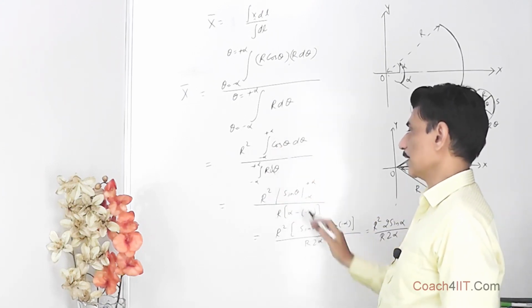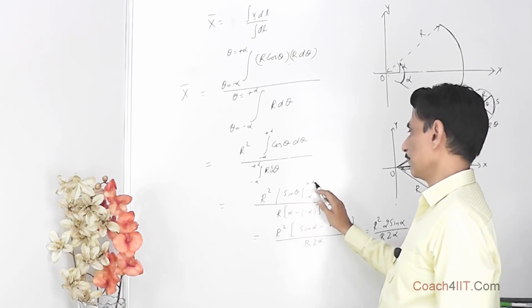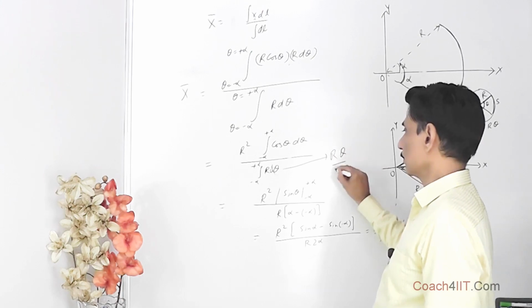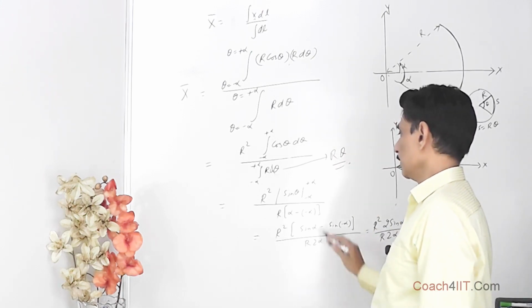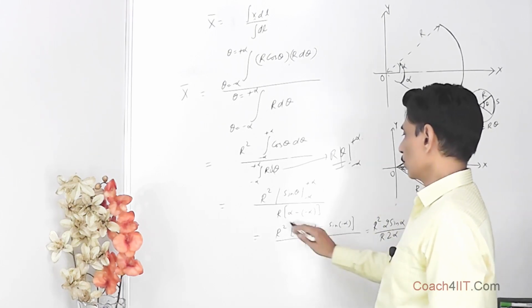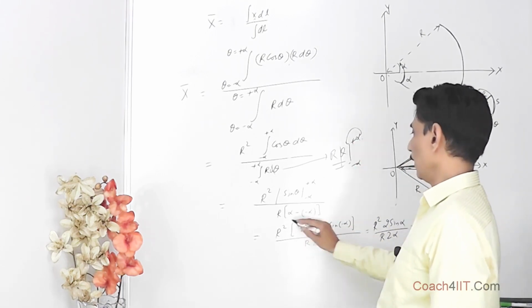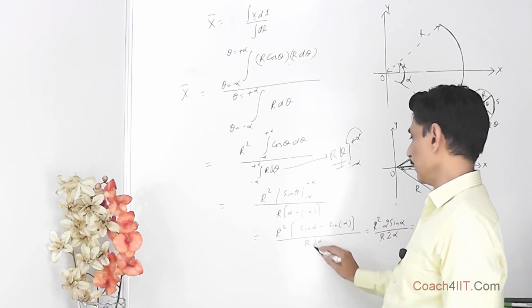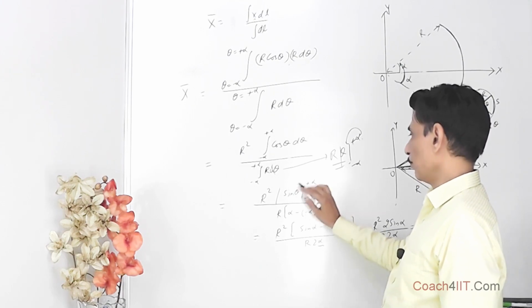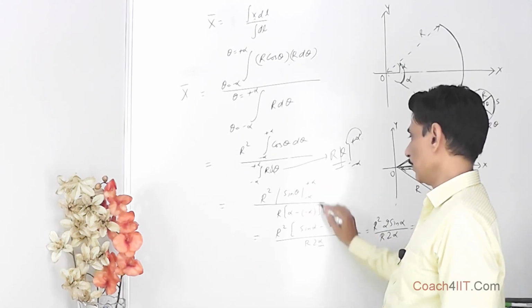Integral of cos theta is sin theta, so we get r square sin theta with limits minus alpha to plus alpha, and over here the integral makes r into theta, with theta going from minus alpha to plus alpha. In the denominator, first we put the upper limit alpha minus the lower limit minus alpha, which makes 2 alpha. In the numerator we have sin theta from minus alpha to plus alpha, so first we put the upper limit, sin alpha, minus the lower limit, minus alpha.